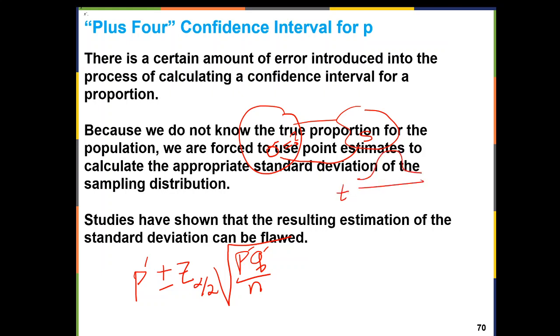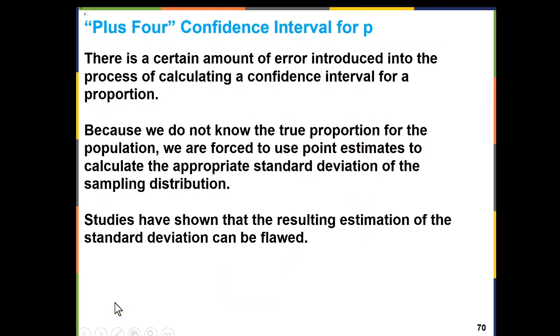Remember that? Now, what kind of problem is it going to cause using q prime and p prime instead of p and q? Well, it turns out that the problem is not a very big one. We can easily resolve it.